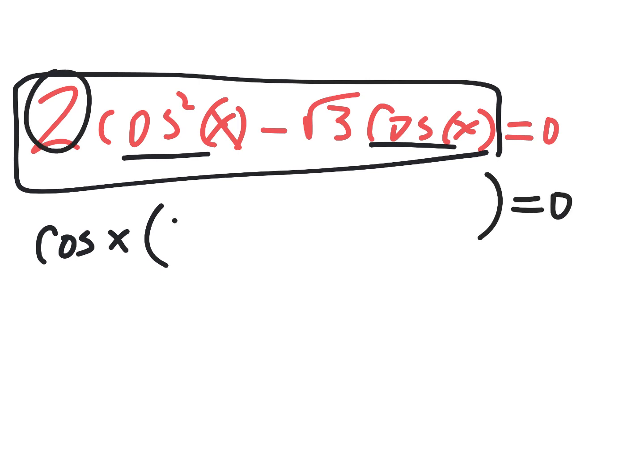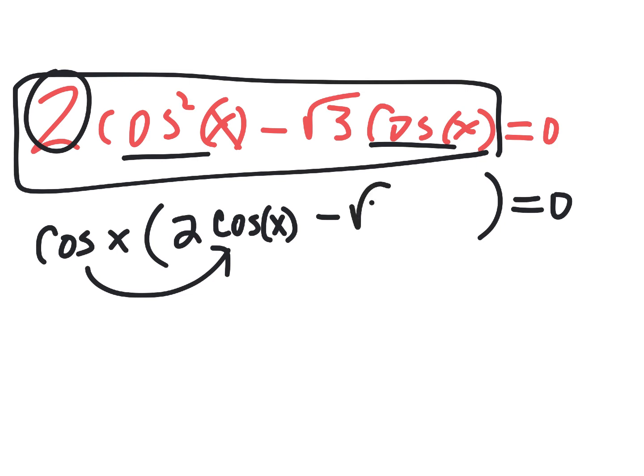There's a 2 left for sure, right? And then cosine times, I'll need another cosine, because the way I like to think of it is this times this has to make 2 cosine squared. So there. Minus square root of 3, and I just check, does this times this give me the other part? And it does. Cool.